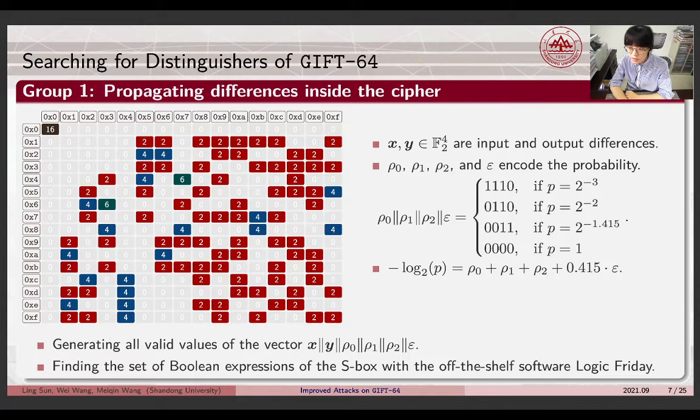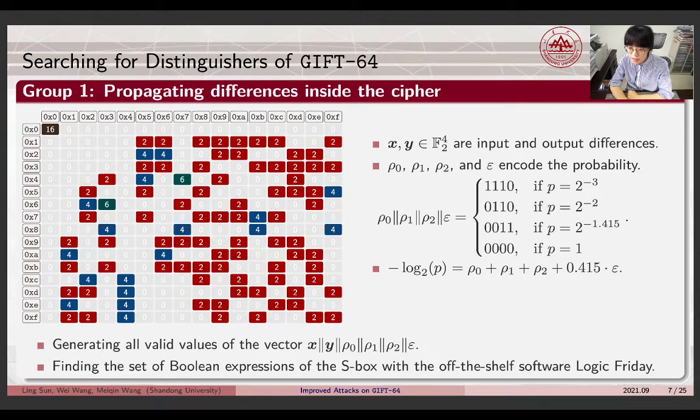The first group is used to track the differential propagation inside the cipher, as the SubCells operation is the unique nonlinear operation of the cipher.